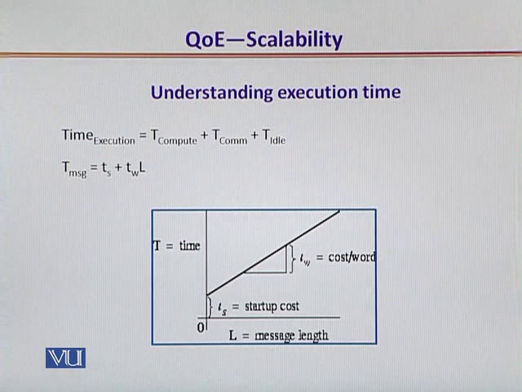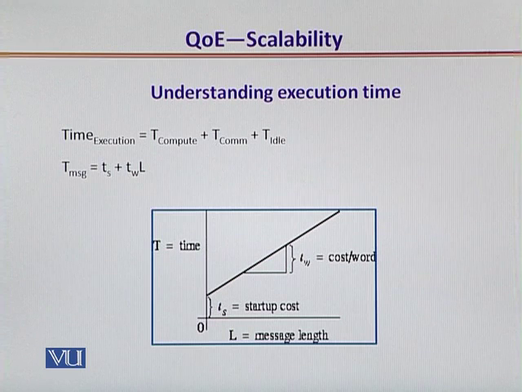The other expression is actually telling us the time it takes to transmit a certain message. The time it takes to transmit a message is dependent upon TS, which is the bootstrap or the startup time, which is more like the y-intercept, and T sub W times L. T sub W is actually the overall transmission cost or the transmission time for a basic unit of data.